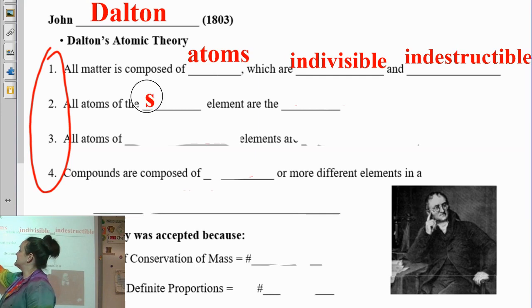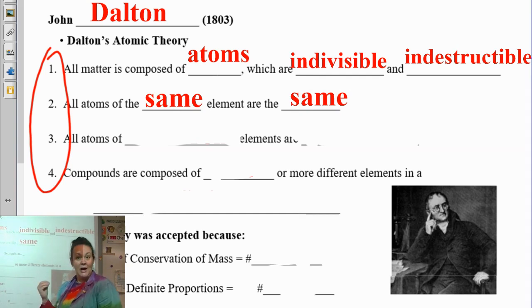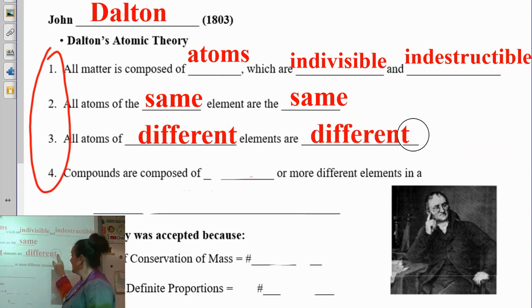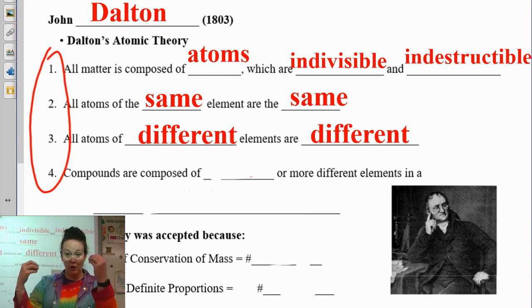All atoms of the same element are the same. And again, this might seem super simple to you, but somebody had to come up with it first. All atoms of different elements are different. So what that means is that every oxygen atom looks like every other oxygen atom, but an oxygen atom does not look like a carbon atom.